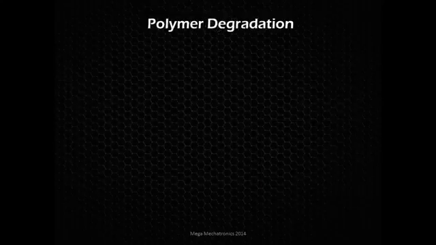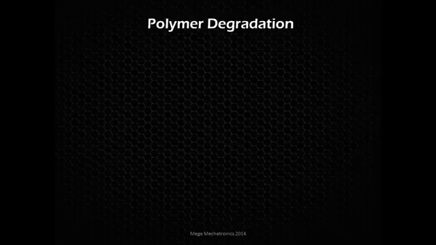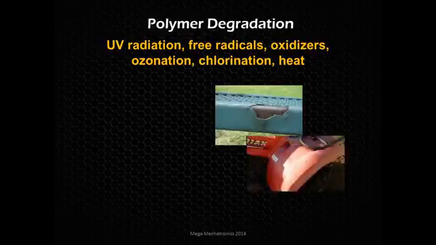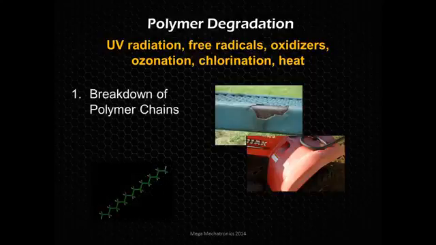And even polymers don't really corrode, they degrade. You could call it corrosion, that's fine. And it's caused by UV, radiation, free radicals, oxidizers, ozonation, chlorination, and even heat. So with polymers, we're talking about rubbers as well as plastics. And one way is a breakdown of the polymer chains.